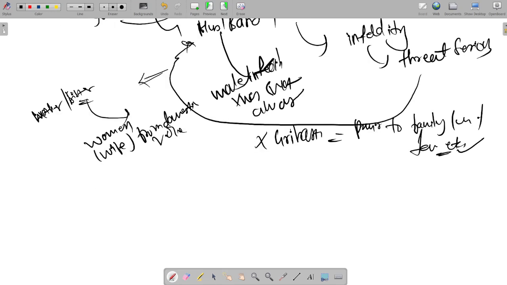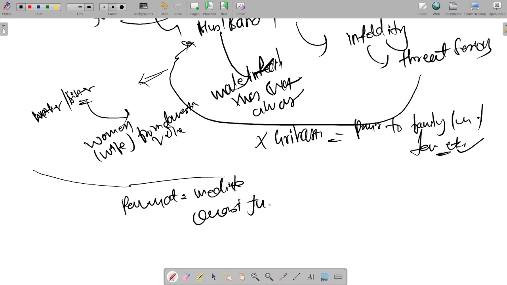The panchayat also acted as a mediator, that is a quasi-judicial function, as even today we see in village panchayats.